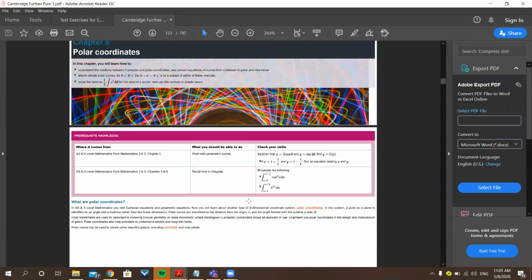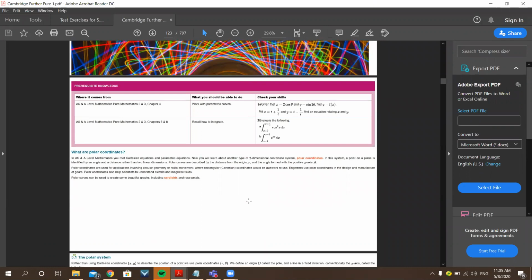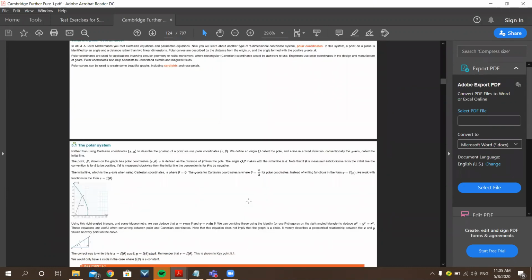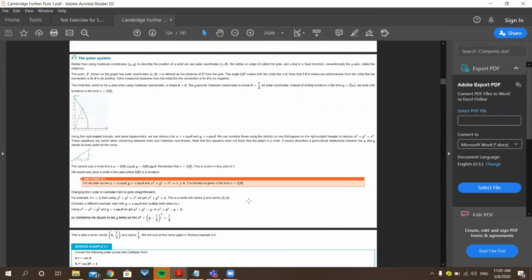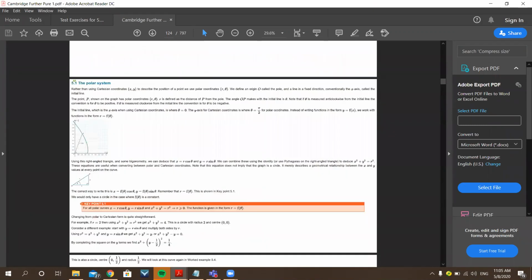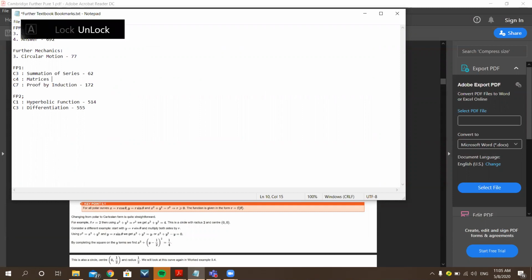What happens here is, instead of x-axis, we are going to call it the initial line. The positive x-axis is your initial line.